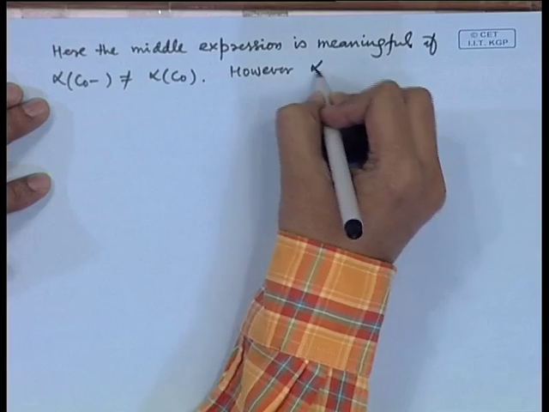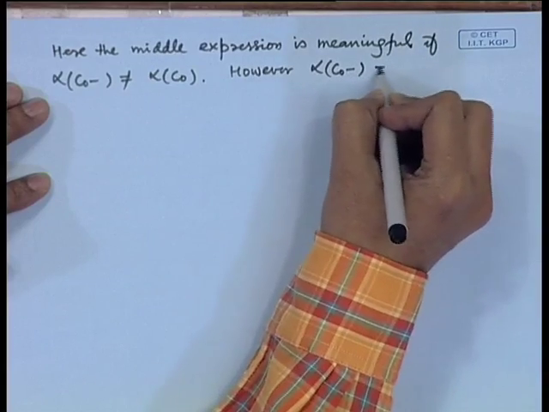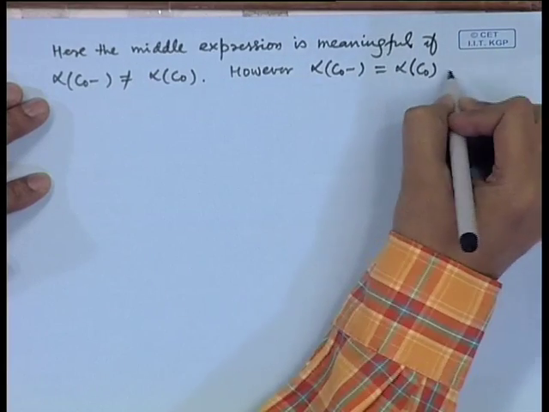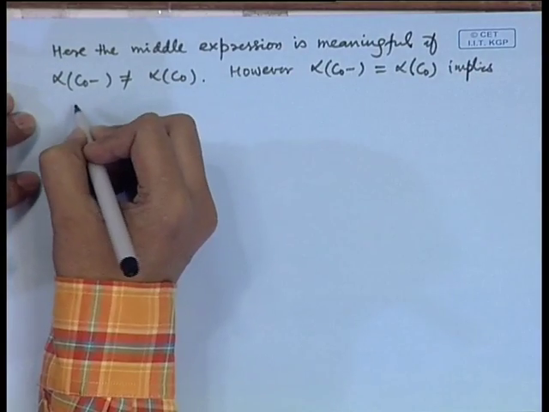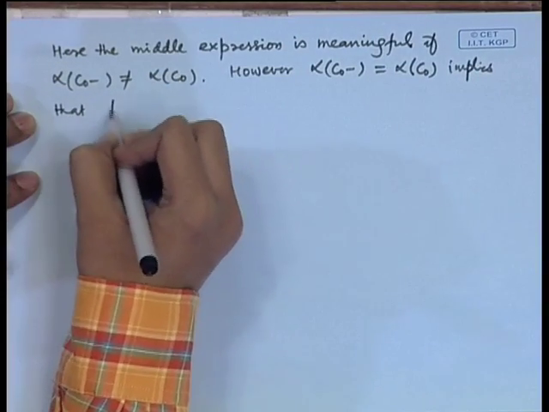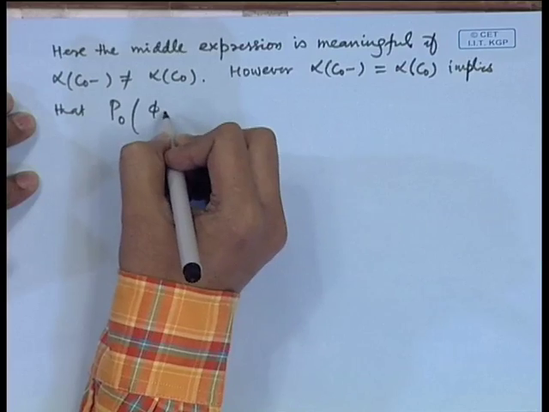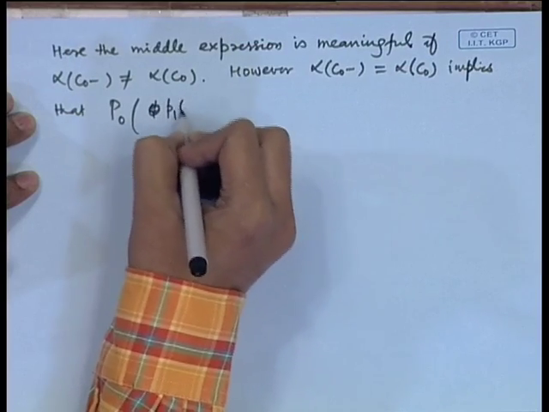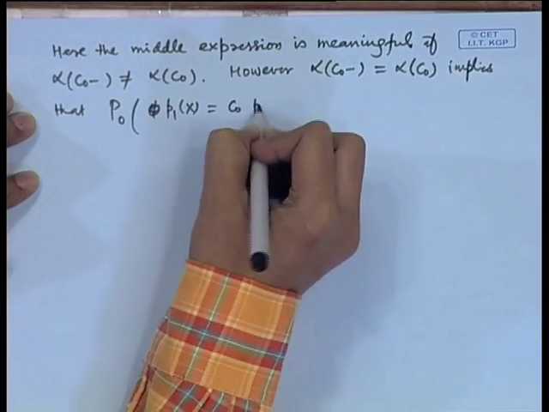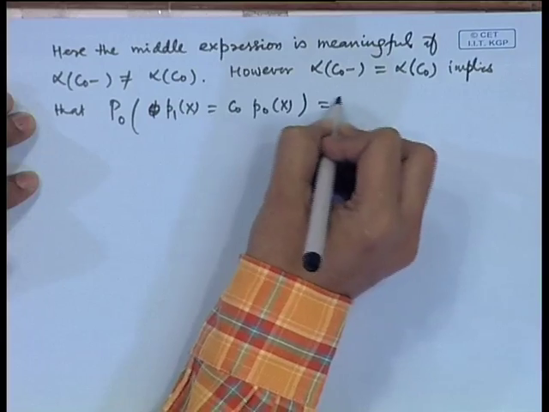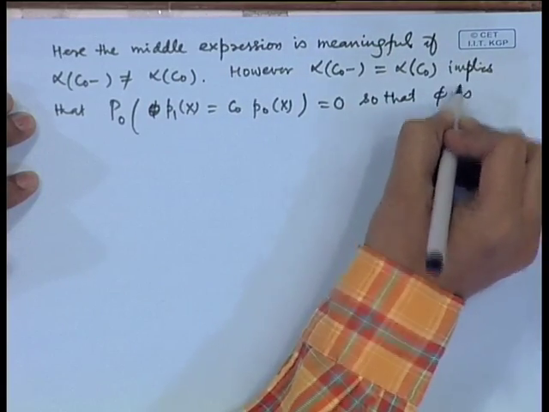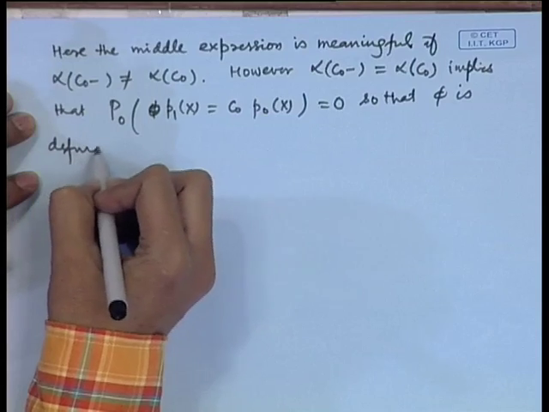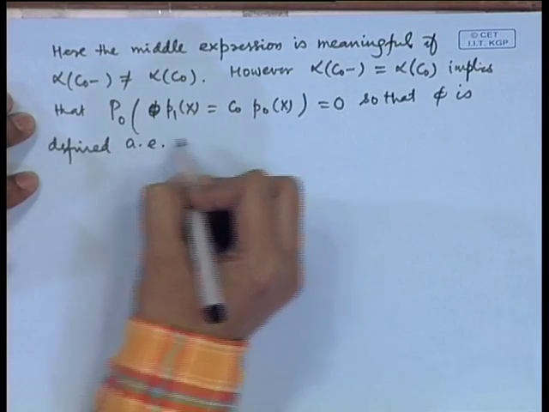However, alpha C naught minus equal to alpha C naught implies that P naught phi 1 P 1 x is equal to C naught P naught x is equal to 0. So, that phi is defined almost everywhere.